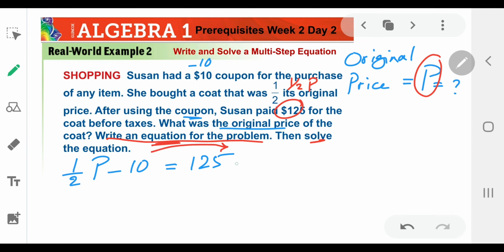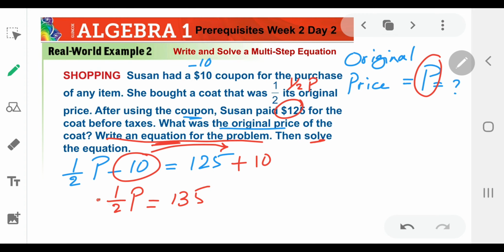Now I'm going to solve it by dragging this negative 10 to the other side with the opposite sign. So it's 125 plus 10. So half P is 135. Now, a very important rule to get rid of any fraction multiplied by the variable in solving equations: the easiest and fastest way is to multiply both sides by the reciprocal of this fraction.